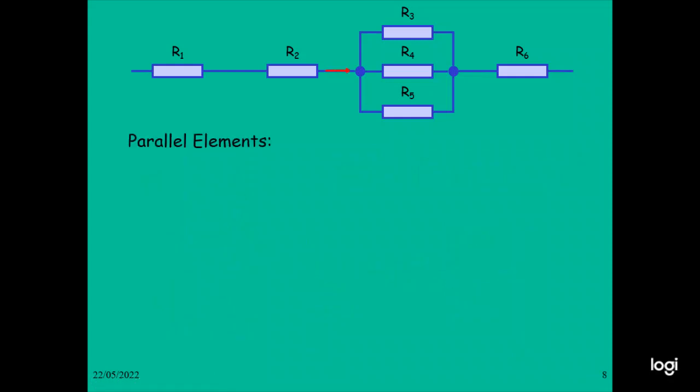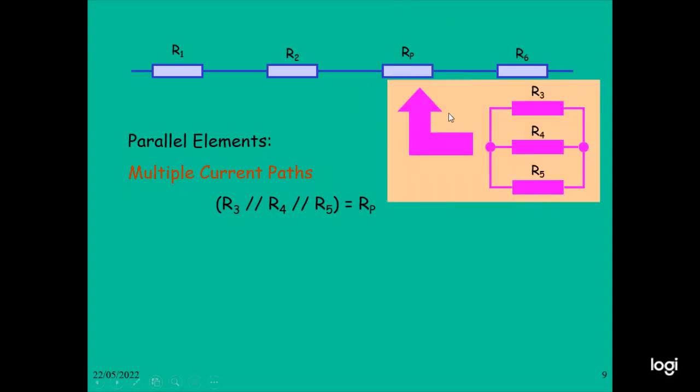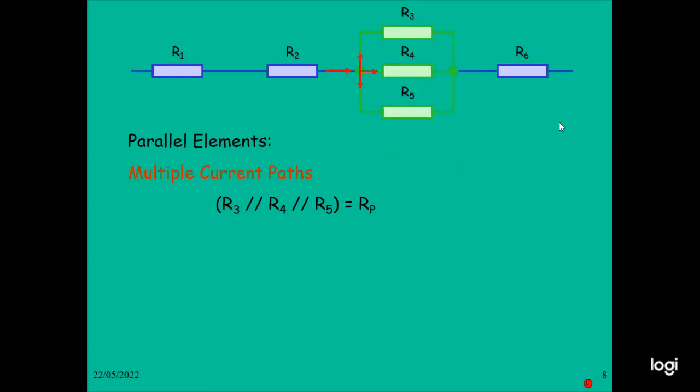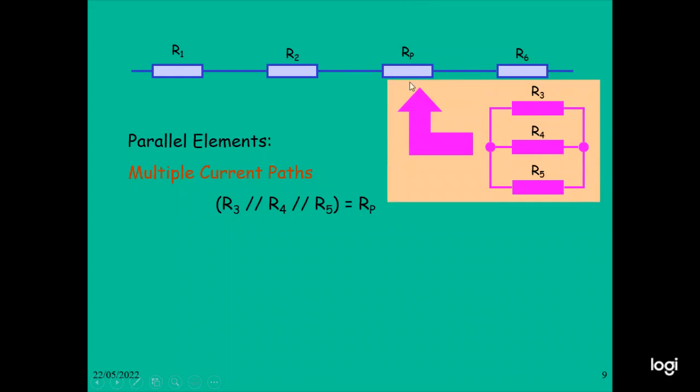A parallel element has multiple current paths. So R2, R3, R4, R5 are for the multiple current path, so this is for the parallel connection. R2, R3, R4 is a parallel connection, so this is the parallel circuit here. The current will flow this way and also this way, and we can combine them as RP.